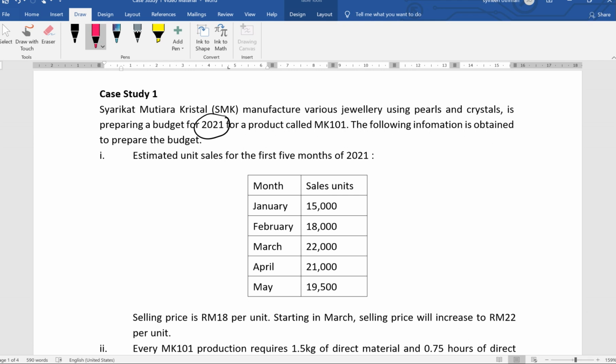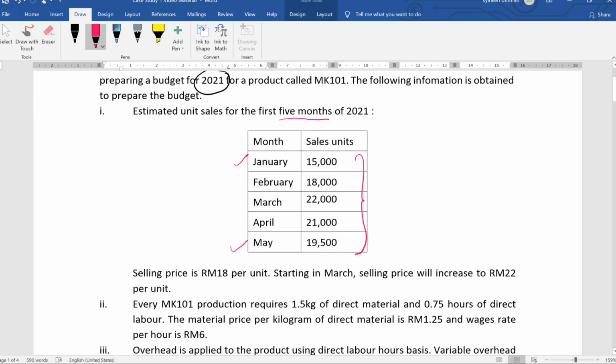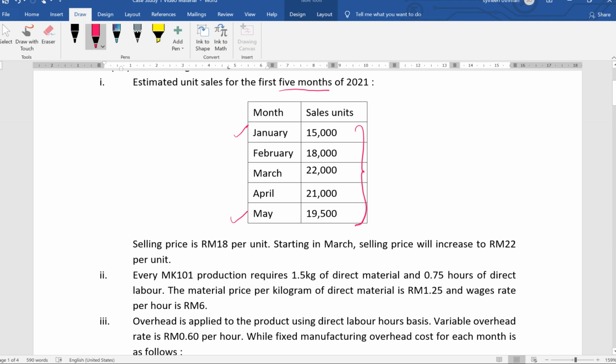Okay, the following information is obtained to prepare the budget. Given here is the 5 months estimated unit sales, from January until May. The selling price per unit is estimated at 18 ringgit.